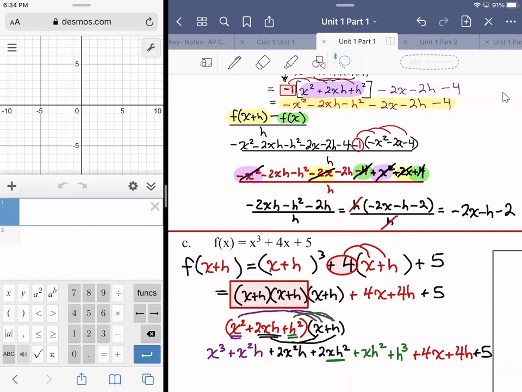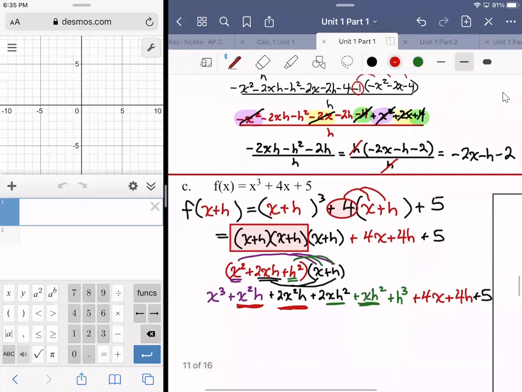Yeah, so bring everything else along for the ride and then look to simplify wherever possible. All right, so I have two like terms here, xh squared and 2xh squared. I have like terms here, x squared h, 2x squared h. So this would simplify a little bit more, not a whole heck of a lot, but a little bit.